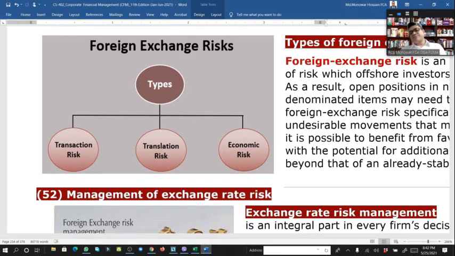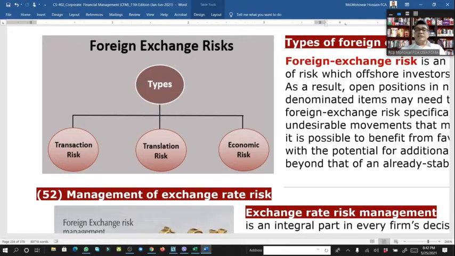For example, on the 1st of January, what was the exchange rate, and the closing rate is the December exchange rate. Basically a strong currency is always strong, and our country's currency is always losing purchasing power, and that's why, including inflation, translation risk comes here.